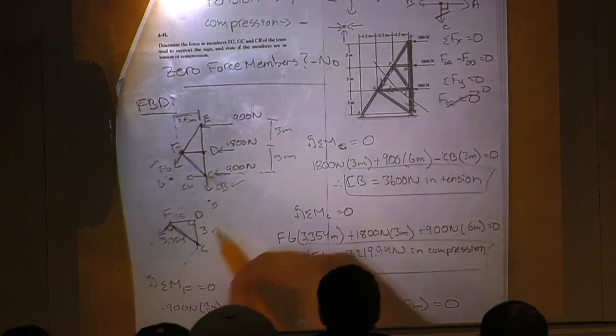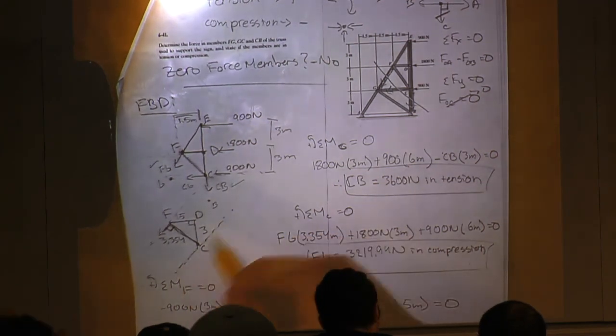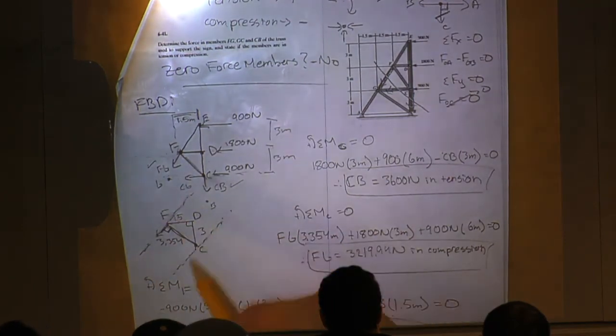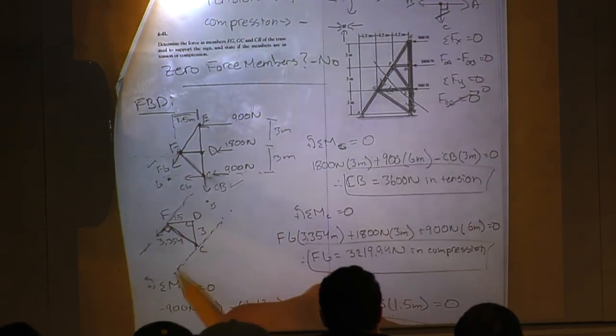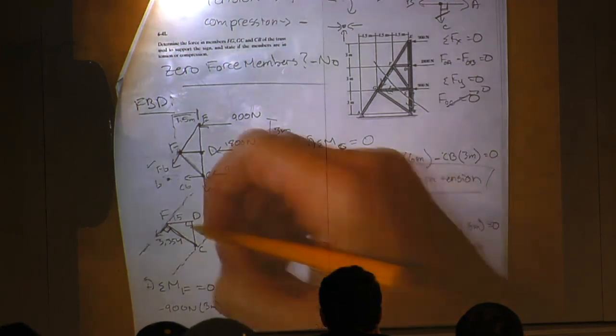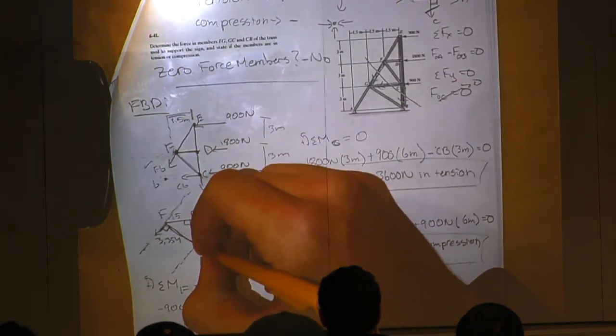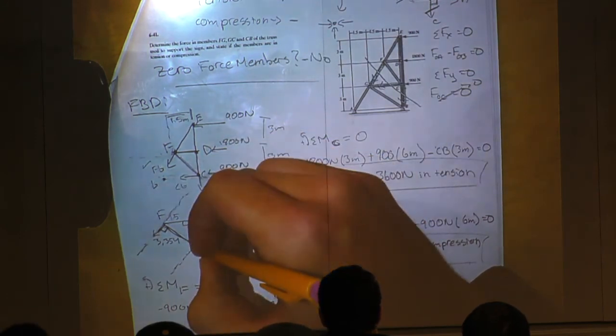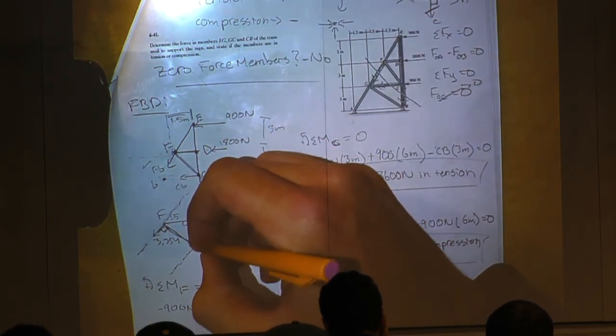Okay, so I want to find the perpendicular distance between these two axes, right? This is the axis of the force, and I made an axis that's parallel to that and runs through point C. So I can find a distance from any point between these two axes. I just chose the one that was perpendicular.